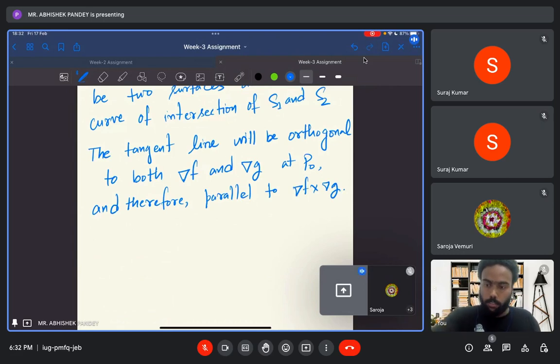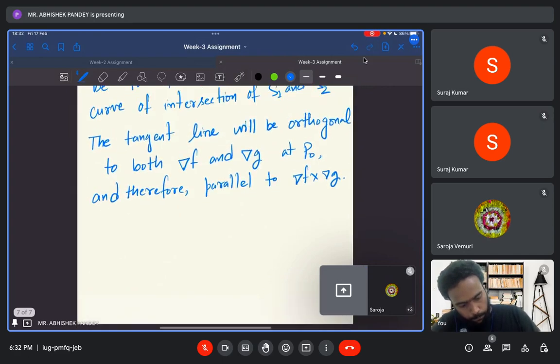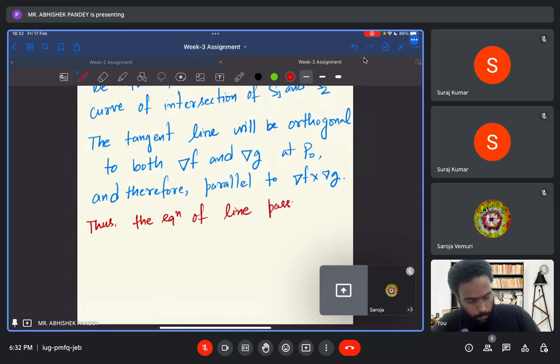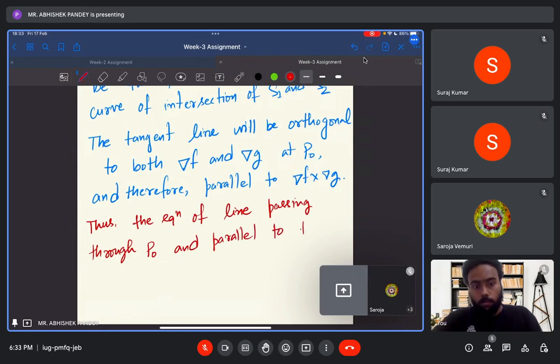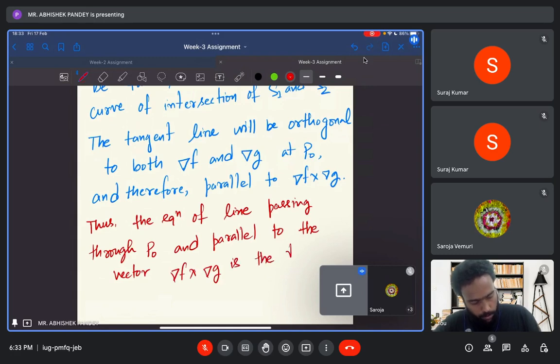so the conclusion is thus the equation of line passing through P naught and parallel to the vector del f cross del g is the desired equation.